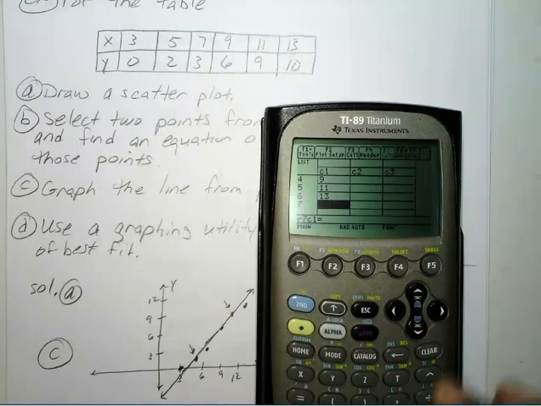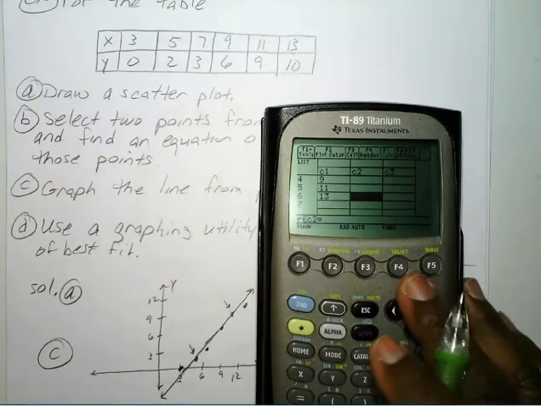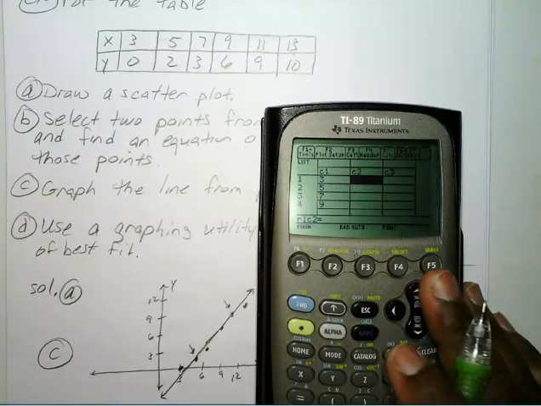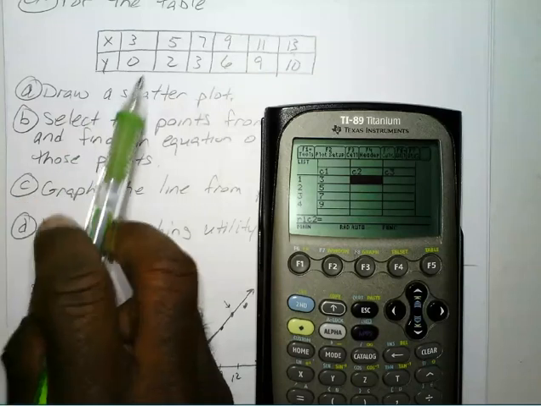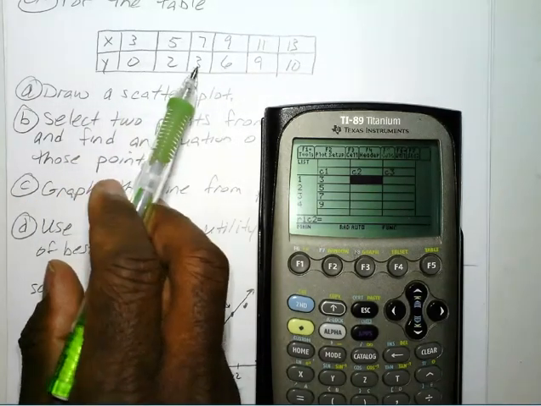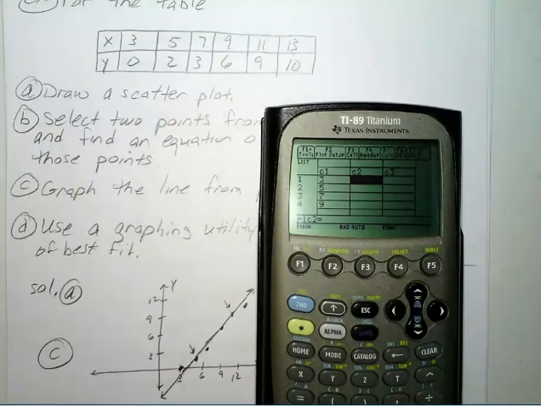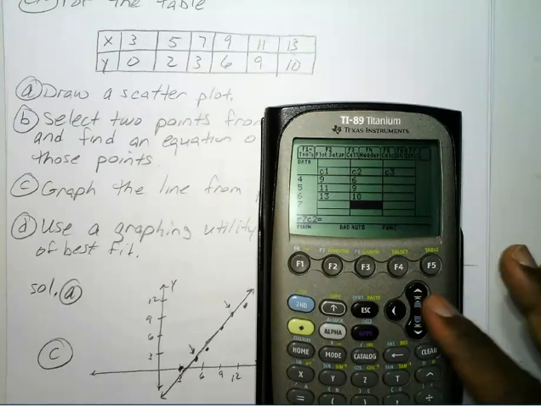There we go. Now our C2 is going to be our Y values. Okay, so 0, 2, 3, 6, 9, and 10. Okay, so now we have all our values in.